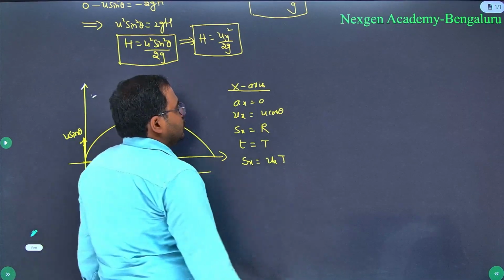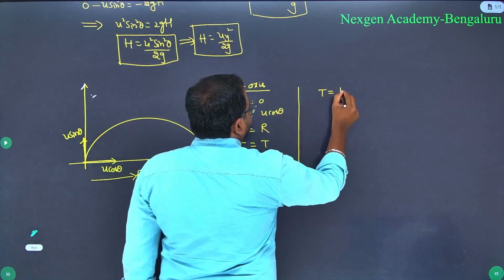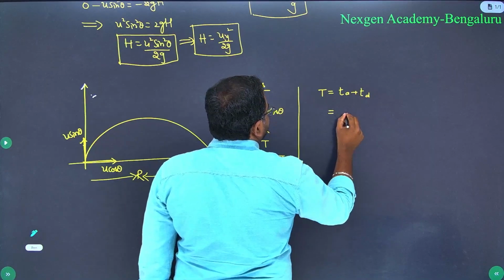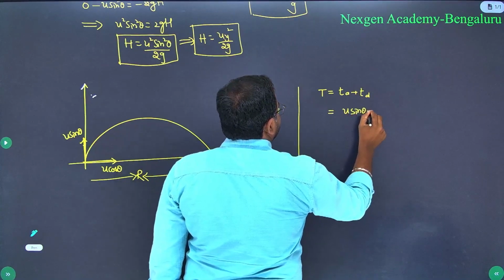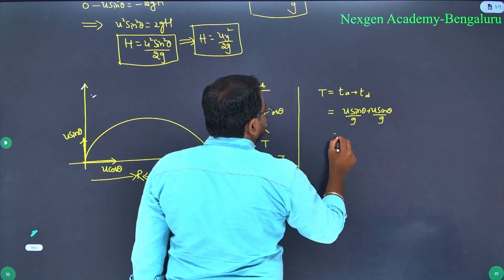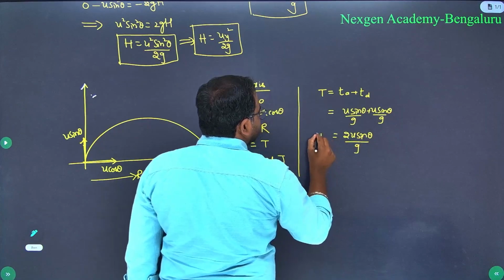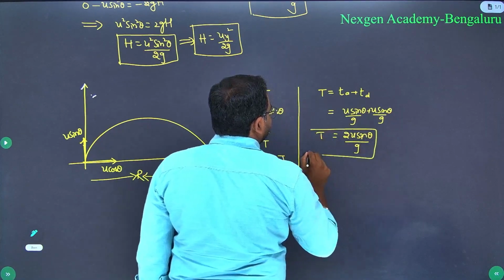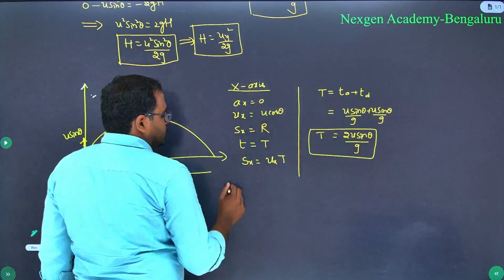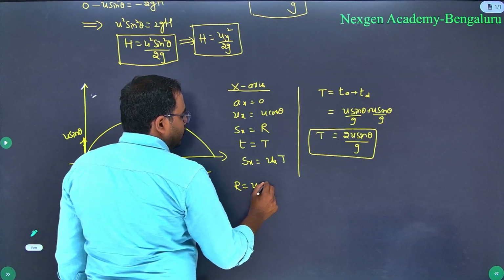Here what is the total time taken? Total time taken is equal to time of ascent plus time of descent as time of flight, that is u sin theta by g plus u sin theta by g, both we have to add up, that is 2u sin theta by g. This is the total time of flight. Now here in this context, r is equal to ux into t we can write.